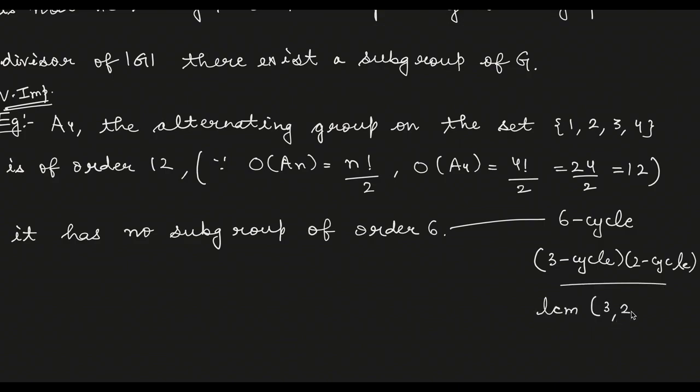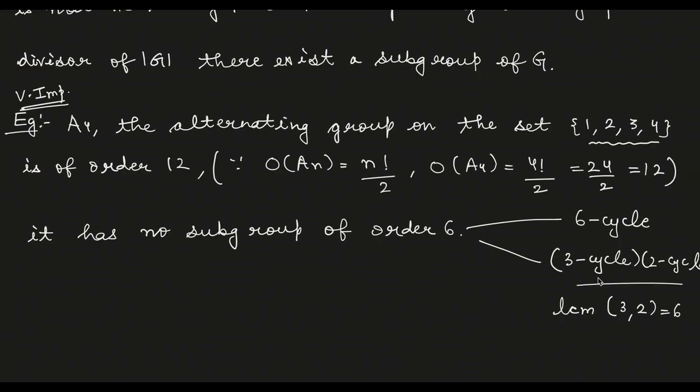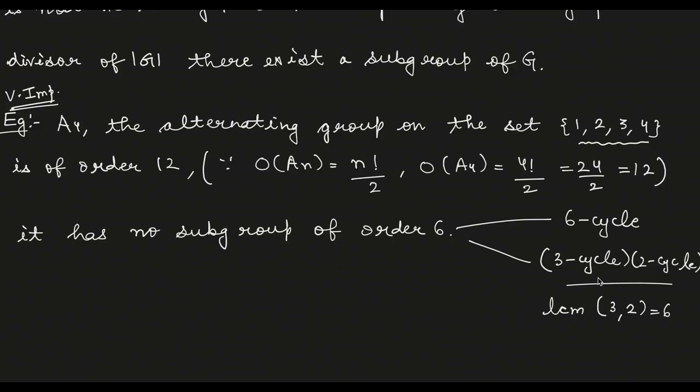LCM of 3 and 2 is 6. Only these two possibilities are there. A 6-cycle is not possible because this alternating group A4 has only 4 symbols, 1, 2, 3, 4. And then a 3-cycle times a 2-cycle will also not be possible.